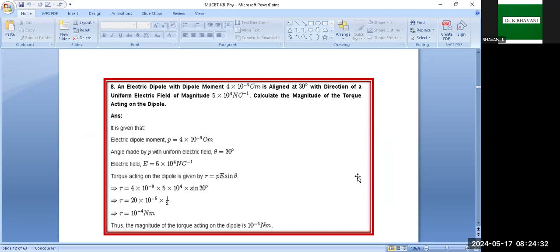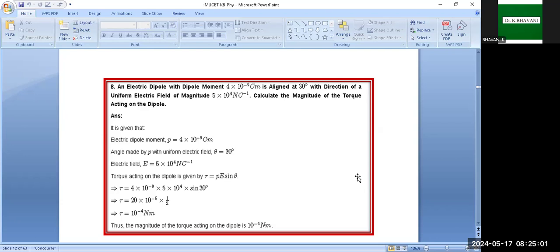Calculate the magnitude of the torque. Here you need to find the given data. In the OMR sheet, take the rough space and write the given data at least: p is equal to 4 × 10^-9, theta is 30 degrees, and E, the electric field magnitude, is 5 × 10^4.